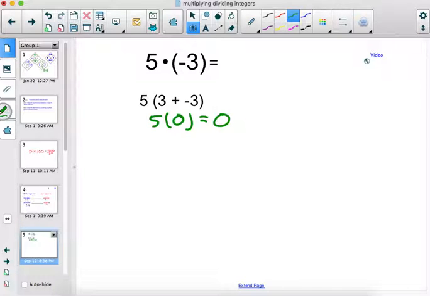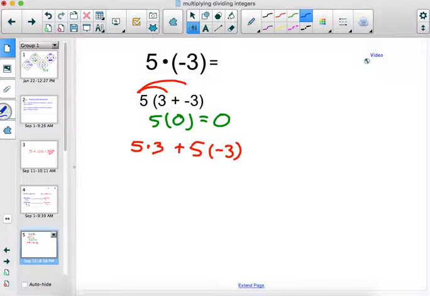Now, to be consistent in mathematics, we also have a property that's on the back called the distributive property. It's saying you can multiply the first and second term by what's outside, and it should work too. So 5 times 3 plus 5 times -3.